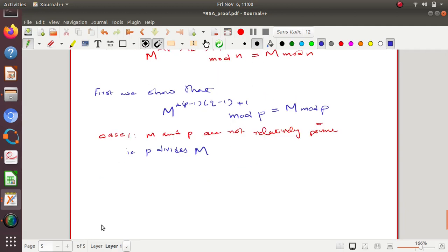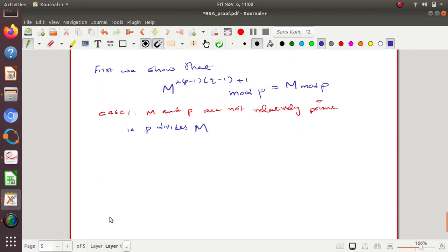So in that case, if we consider this part, m mod p will be 0, because p divides m.